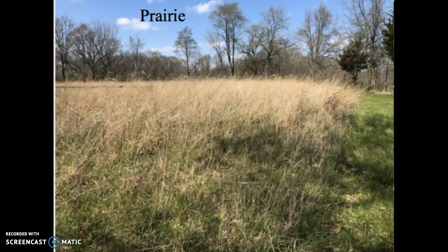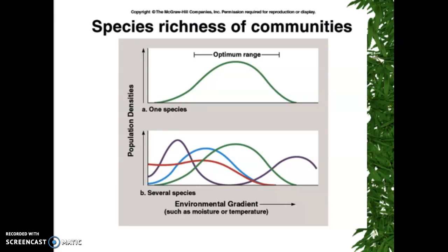That could be a bit different than the temperate deciduous forest. All right, so the thing to think about when we look at communities is understanding what's called the species richness of a community. How many different species are there? That's what we want to look at. We don't necessarily focus on numbers of individuals in the population. That's an important piece of the puzzle, but richness is probably more important.